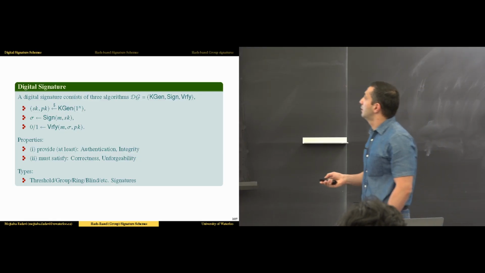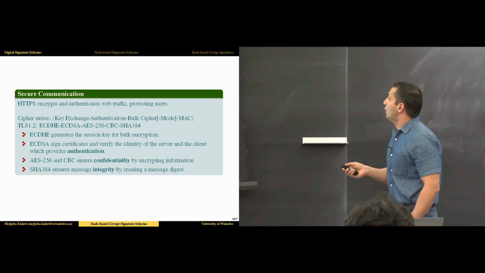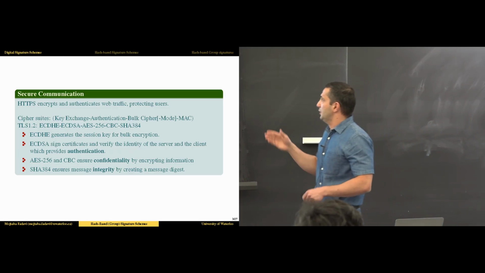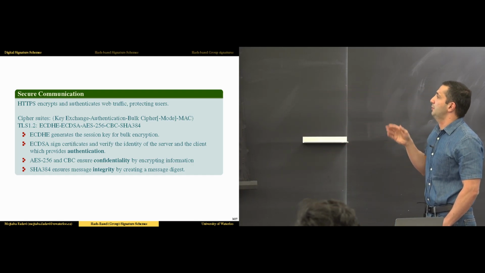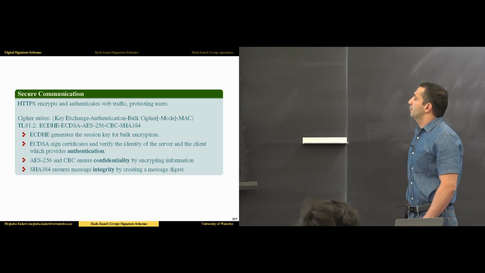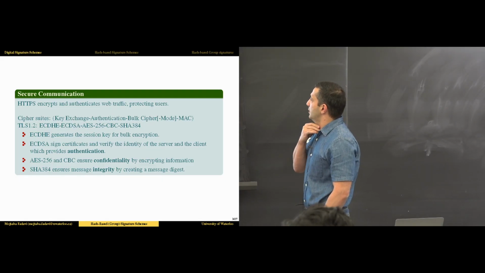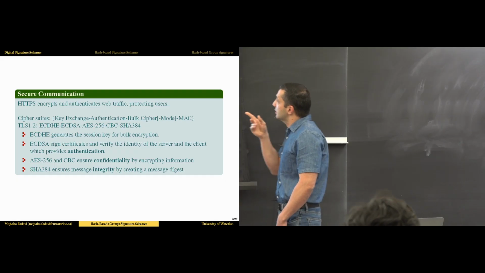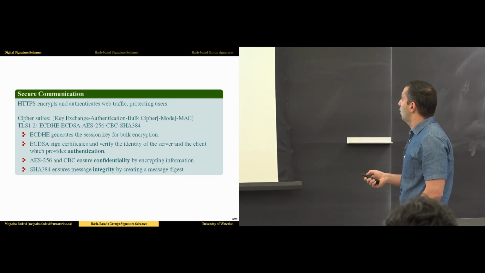Every time we connect to the web, we are all familiar with HTTPS, which protects us over the internet by encrypting and authenticating our traffic. For example, there is a cipher suite in HTTPS. TLS 1.2 has this structure. Every cipher suite has 4 parts.